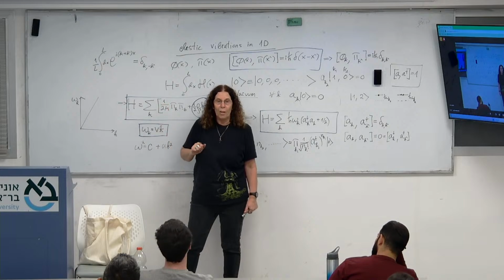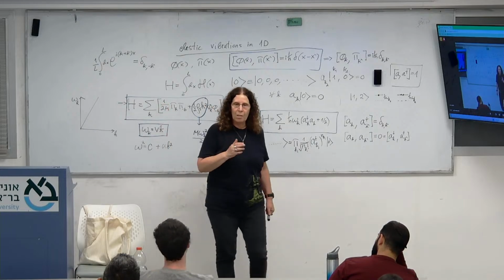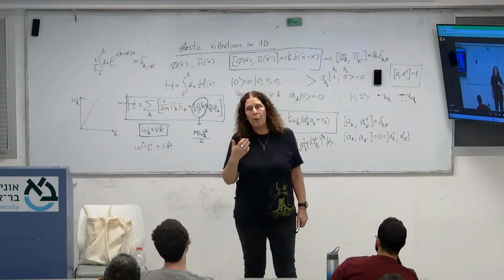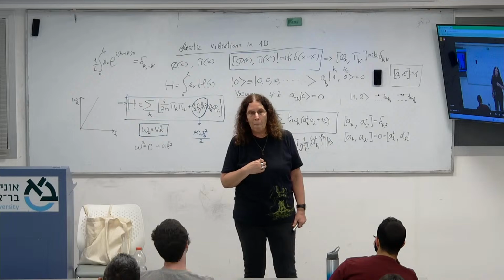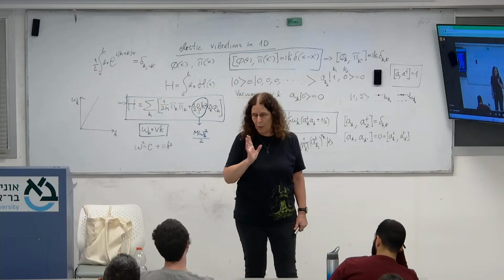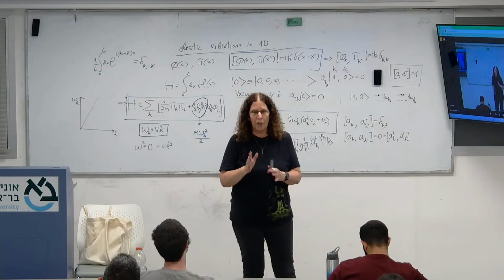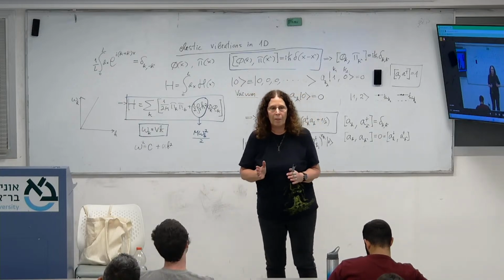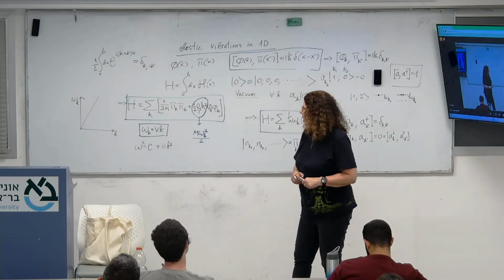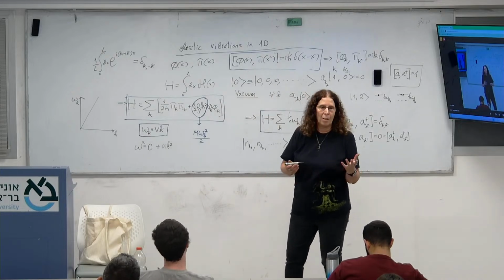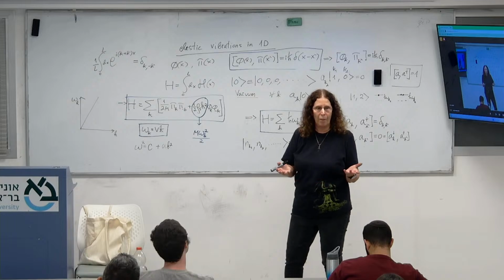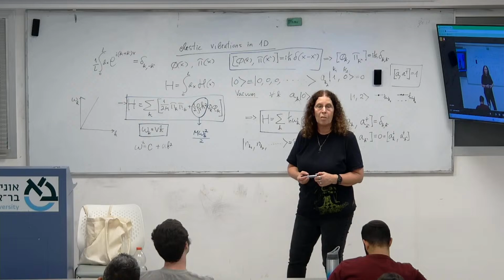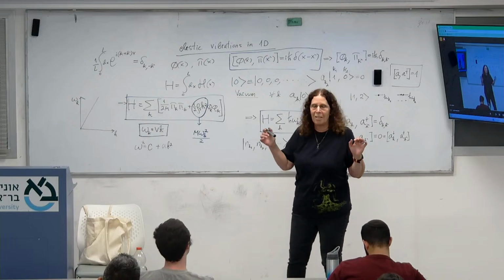So what does this mean in terms of kinematic properties of the particles? They move at constant speed. The energy-momentum relation is linear, it's not quadratic. In special relativity, this describes particles with zero rest mass.